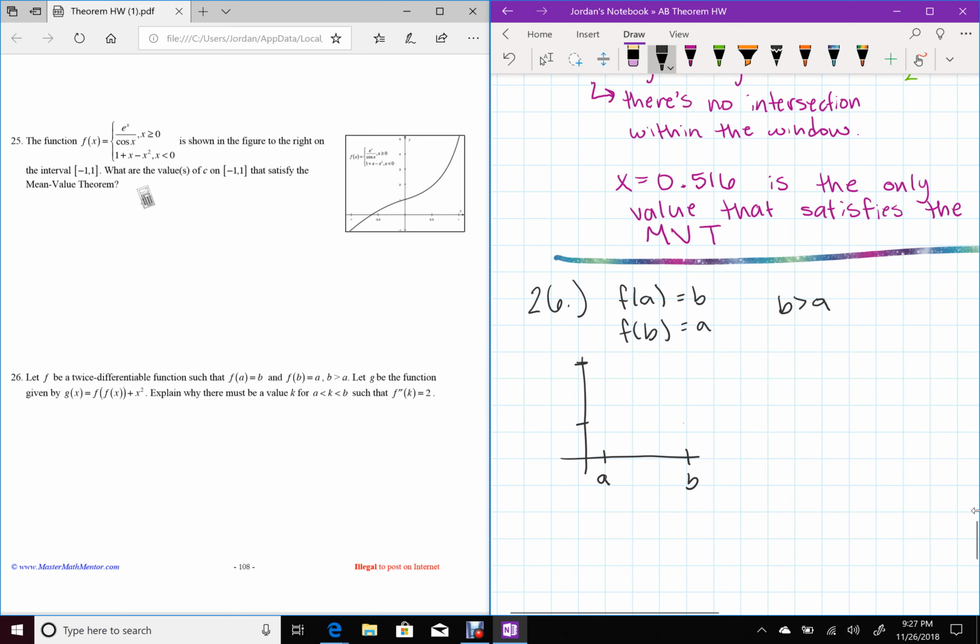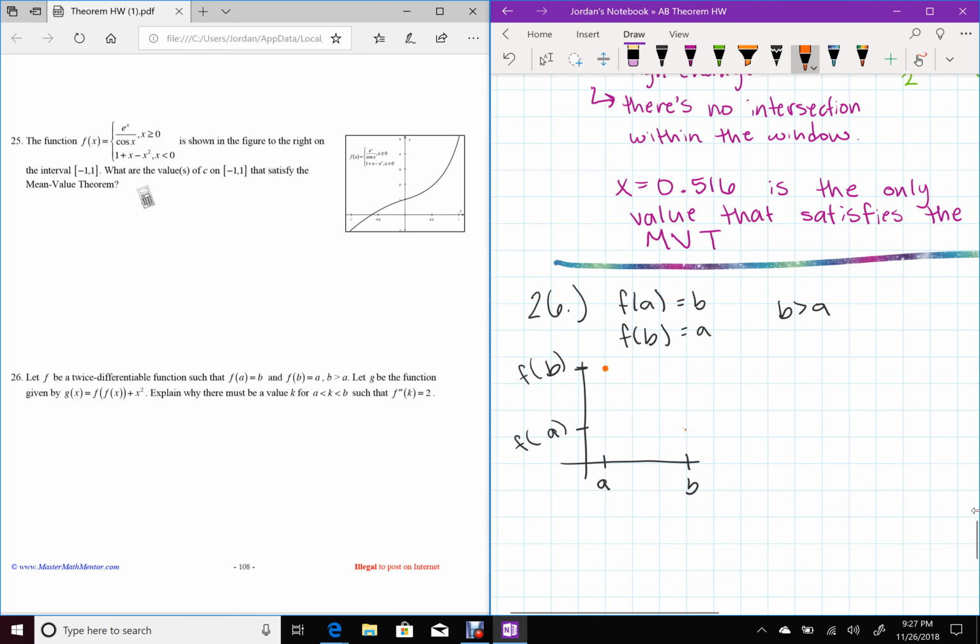So the y value b is greater than the y value a. So b goes up here, a goes down here. If I plug in a, I get the y value b. If I plug in b, I get the y value a. Meaning I should have this sort of line for this graph, right?